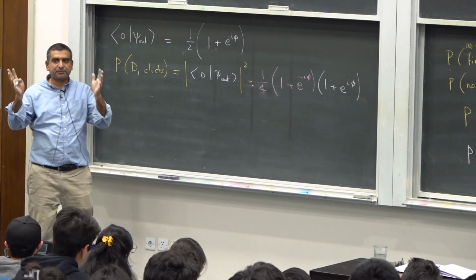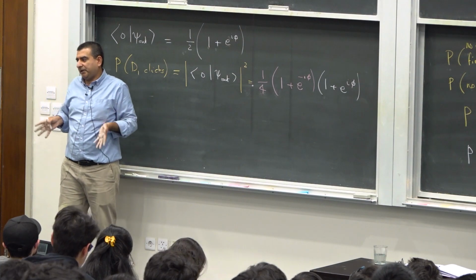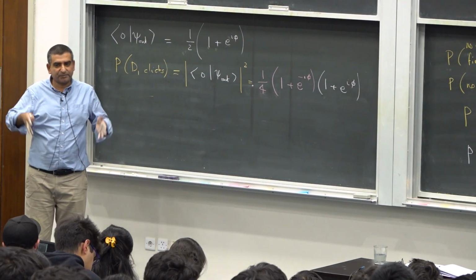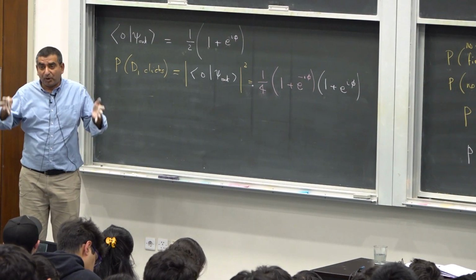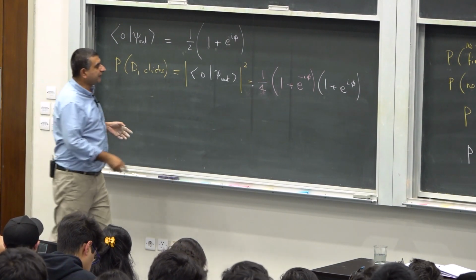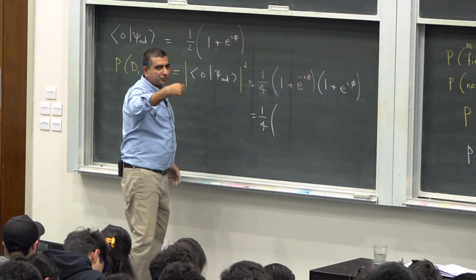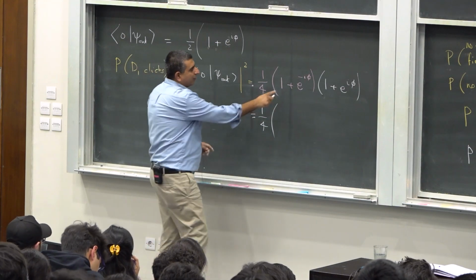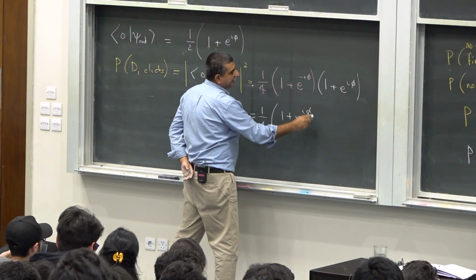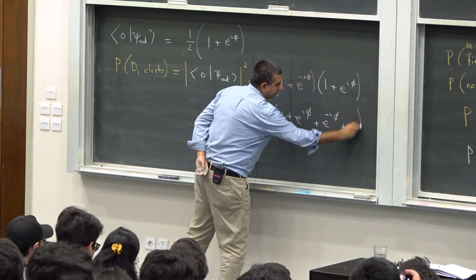And this is due to Max Born, who said that we do not know what the probability amplitudes really mean, but that modulus square has a definite meaning. It's a probability. Probabilities are what you see in an experiment, right? So now if I calculate this probability 1/4, let me do it just once for you, and then you can do it on your own. 1 multiplied with all of this is 1 plus e^(i phi). e^(-i phi) multiplied with all of this plus 1.